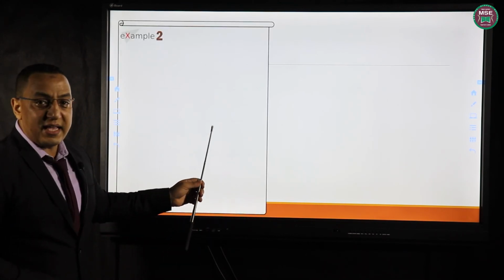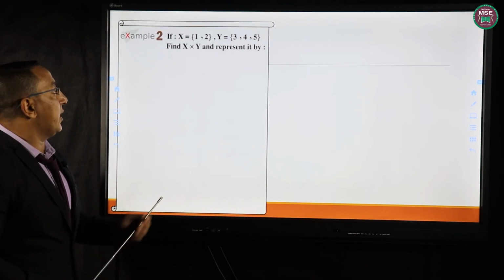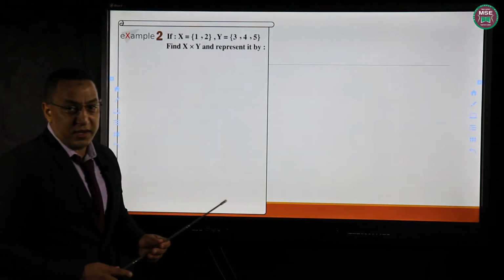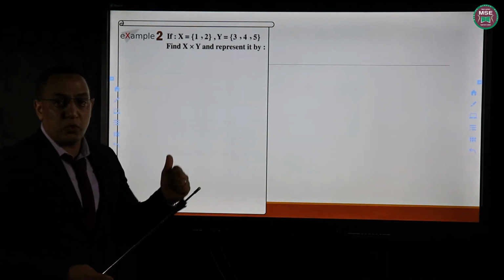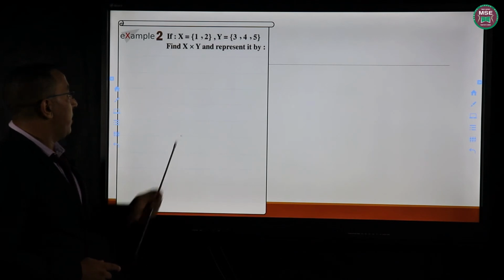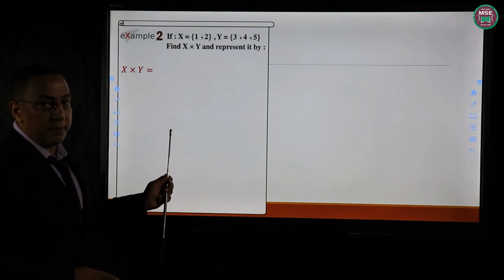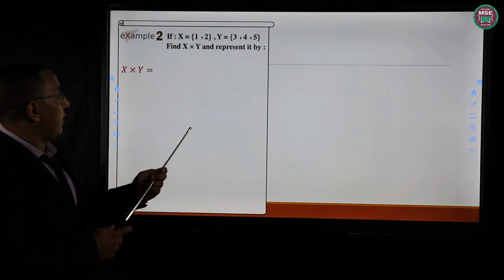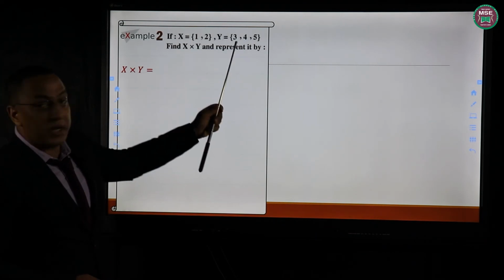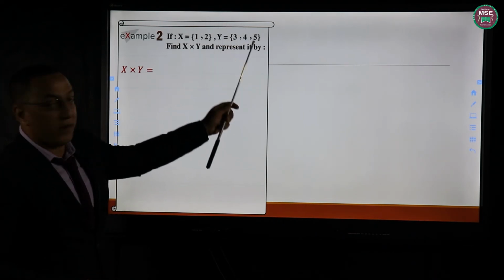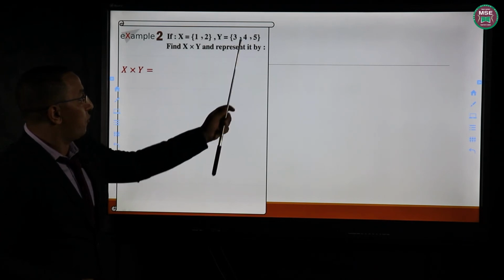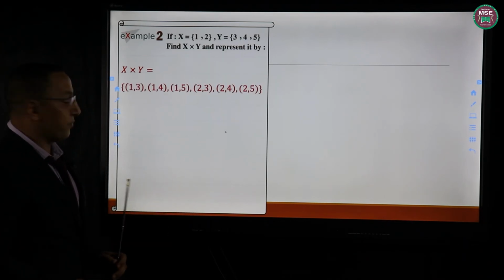In this example, as I took before, X equals {1, 2}, Y equals {3, 4, 5}. I need to find X product Y and represent it by an arrow diagram and Cartesian diagram. X product Y: we have here (1,3), (1,4), (1,5), (2,3), (2,4), (2,5), like this.